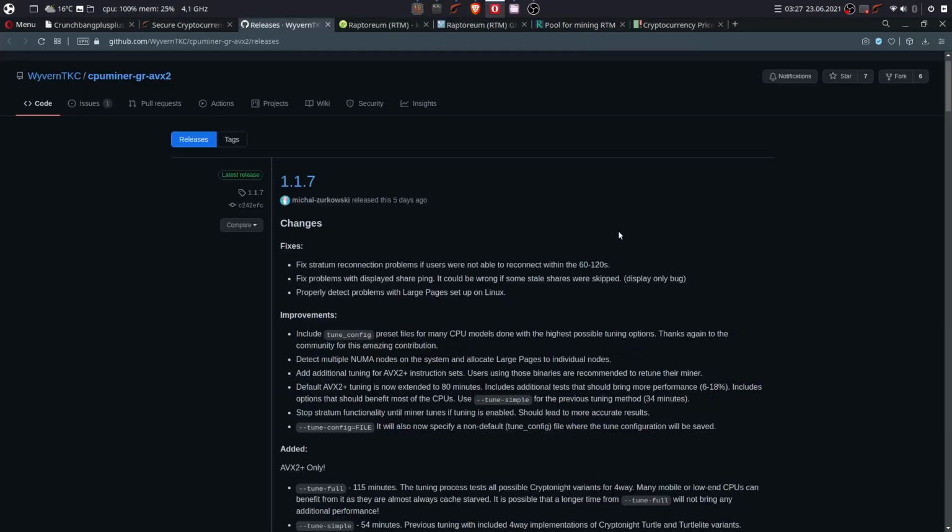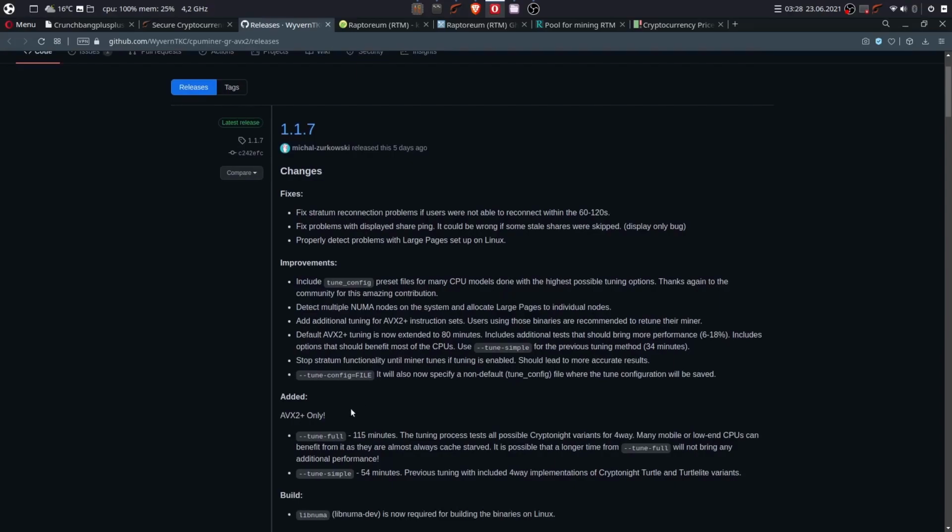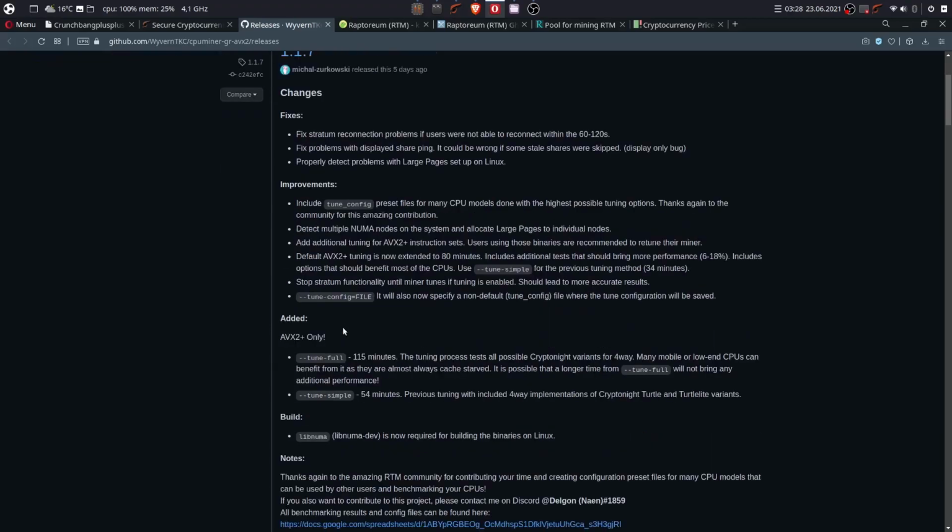Okay, so here we are, 1 week later. A lot has happened. For example, we have an update to the official miner, which adds optimization to the tuning process. This process now can take way longer, depending on your CPU and its architecture.